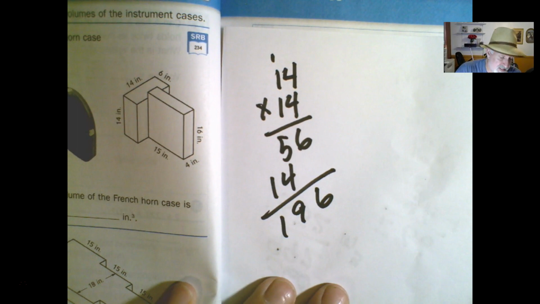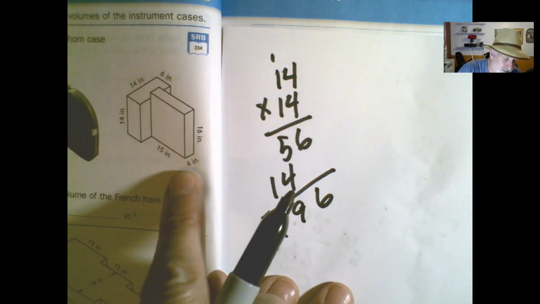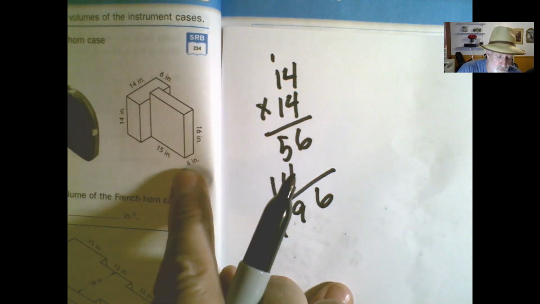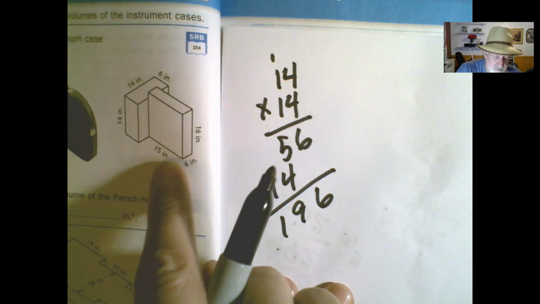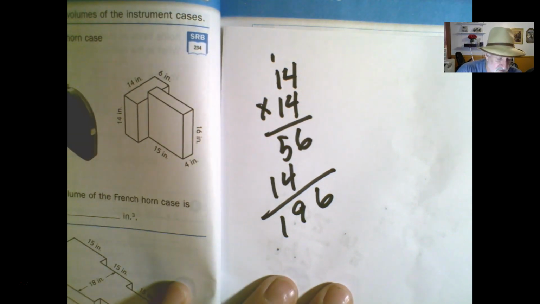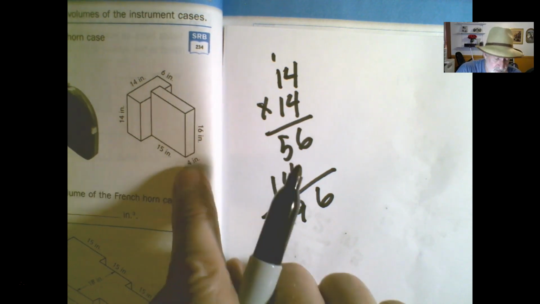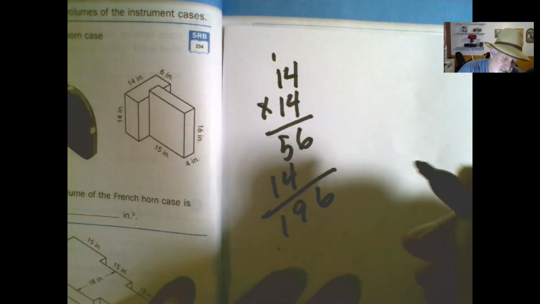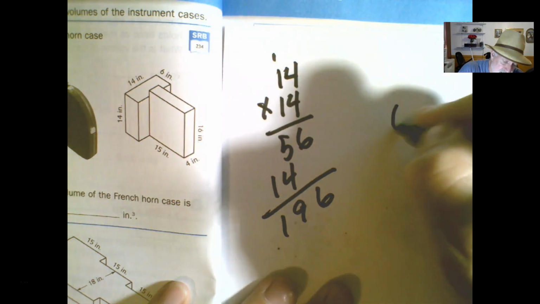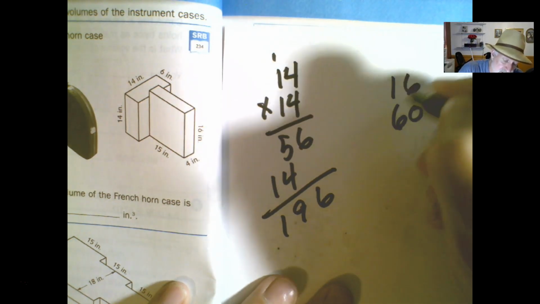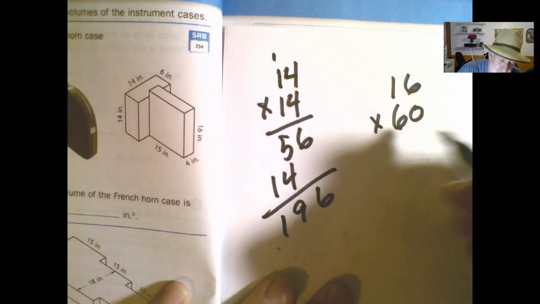The second piece is 15 by 4 by 16. Well, 15 times 4, I can count that as a base, because that's pretty simple. If I know that 15 times 2 is 30, then I know that double that is going to be 60. So my base is 60, and I'm multiplying that times 16, my height.